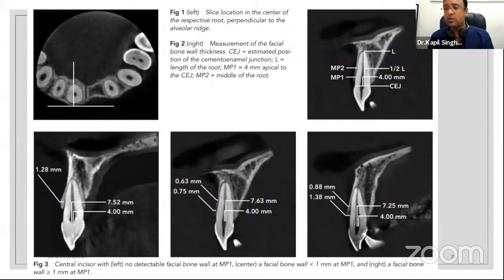So this facial bone is very thin in around 65% of people, and in around 25% of people it is absent in the crestal 4 mm of the bone. In around 12 to 15%, this bone is more than 1 mm thick. It means that a facial bone thickness of more than 1 mm is seen in less than 15%, and in most cases this thickness is very little.